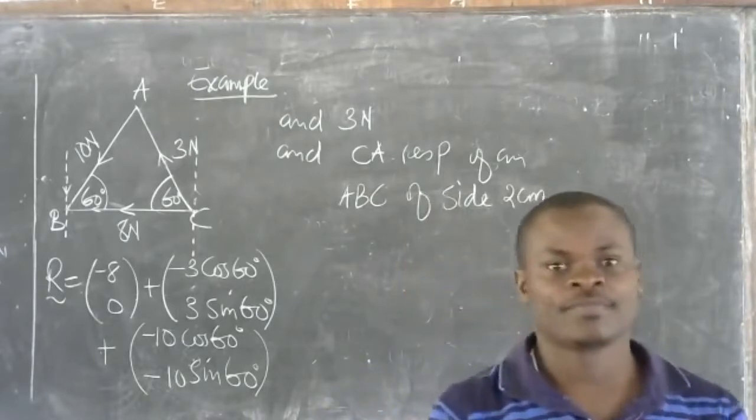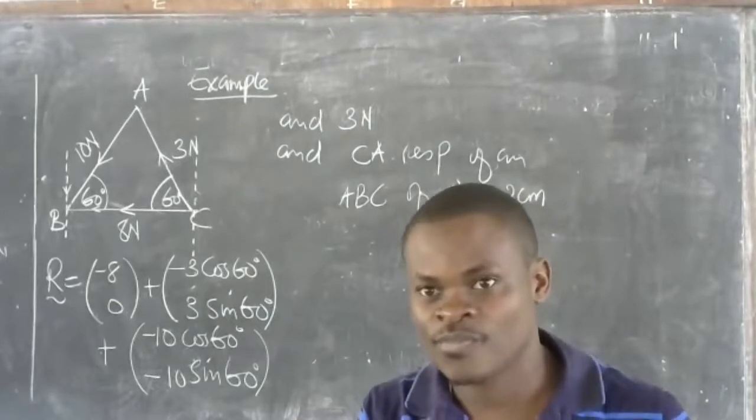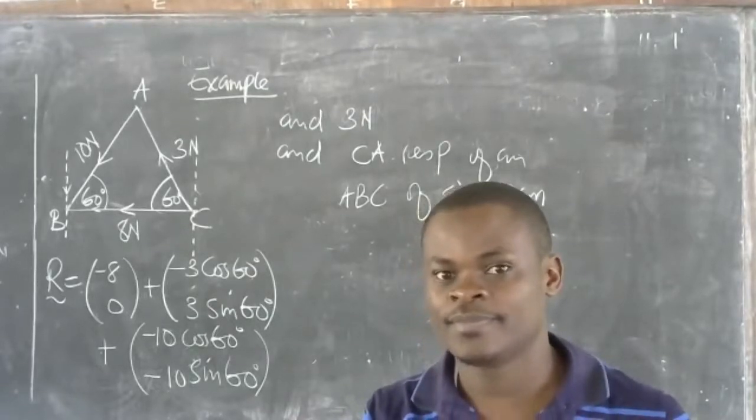Are you done copying questions? Like the negative 3 cos 60.